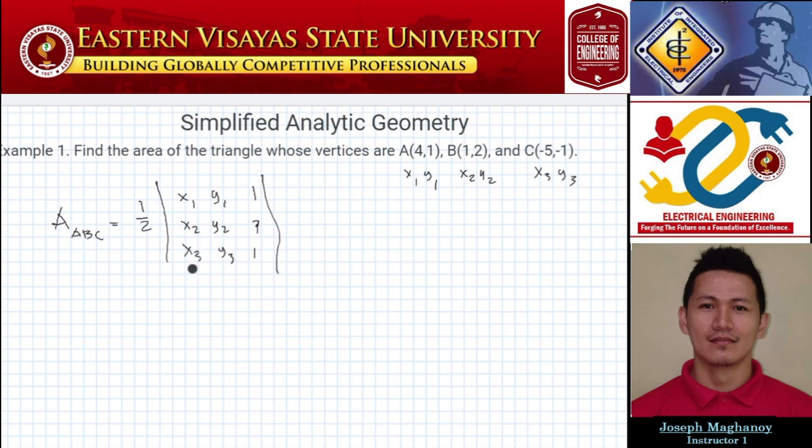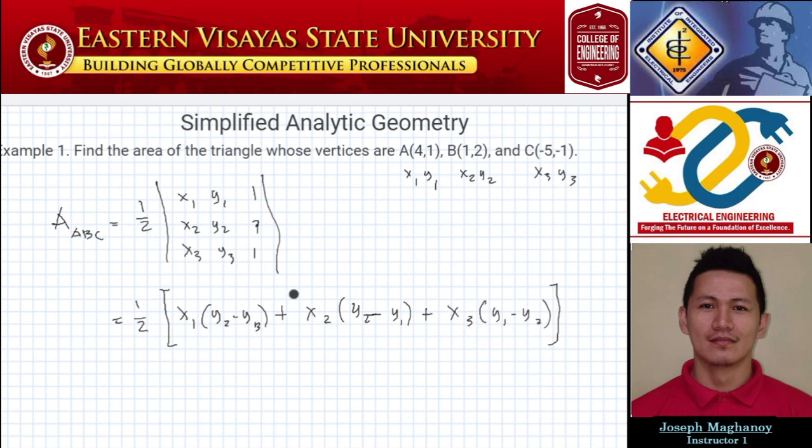Okay, just follow the formula. 1 half. So first, x sub 1 times y sub 2 minus y sub 3, plus x sub 2 times y sub 3 minus y sub 1, plus x sub 3 times y sub 1 minus y sub 2.